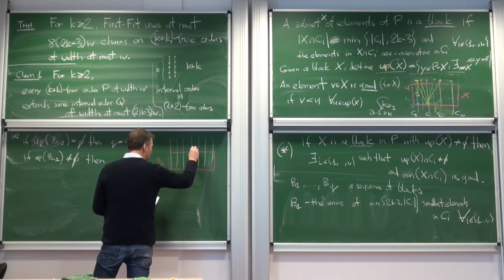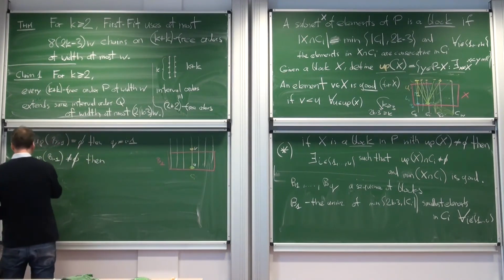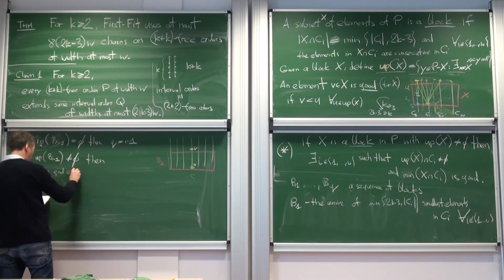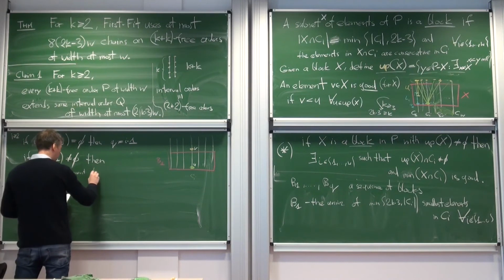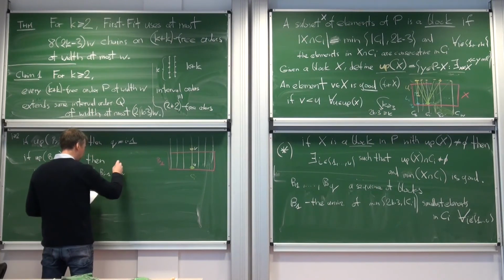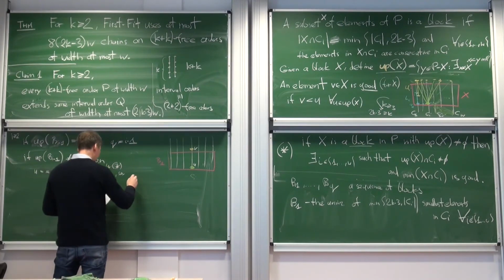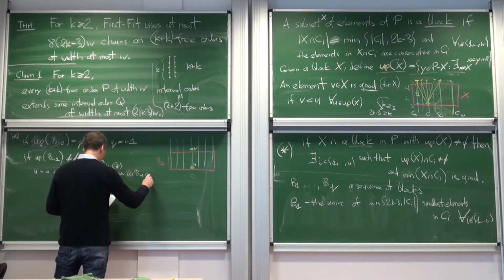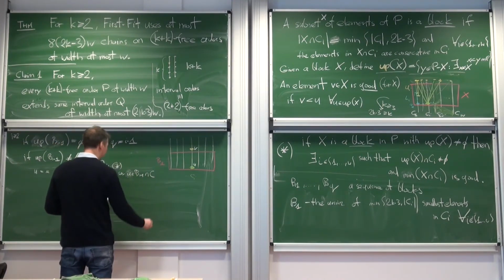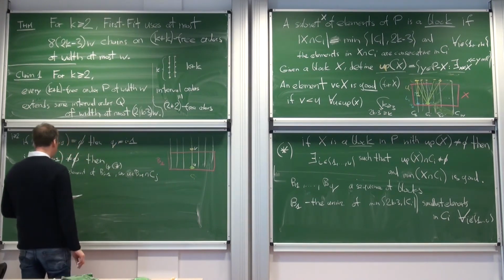So let's give them names. So this would be U, this would be V. U is a good element of Bi minus 1, say, given by the claim, by the star property. And say this element is in this block intersected with Cj.